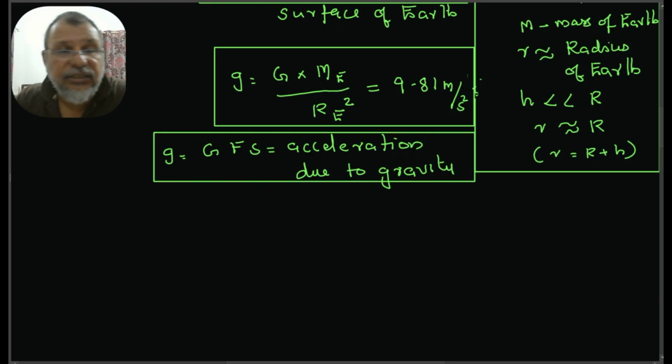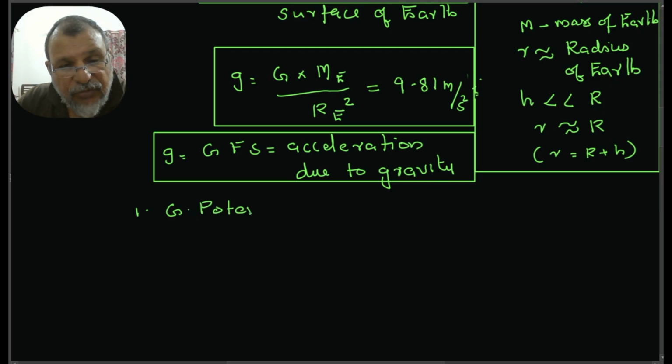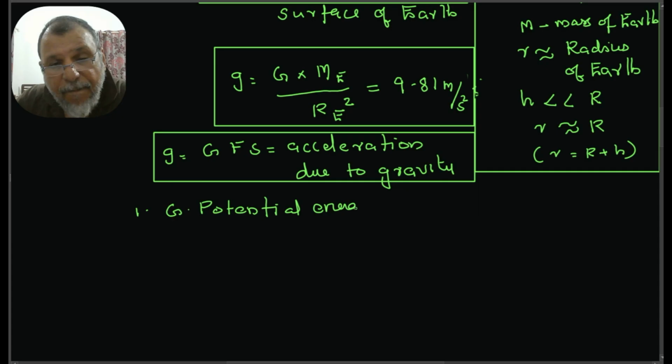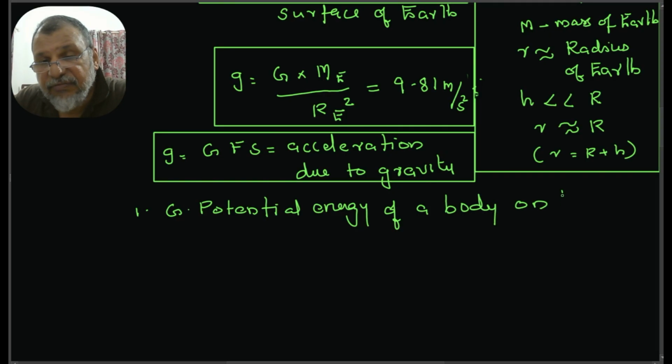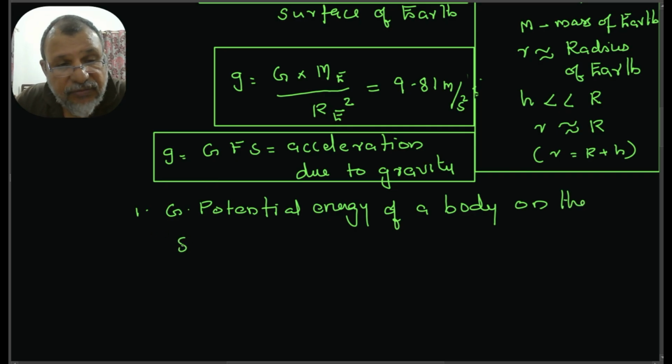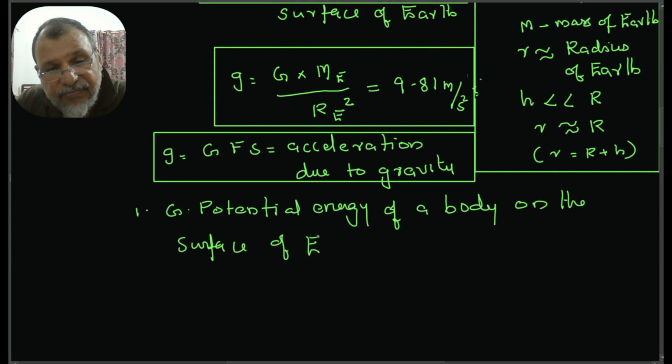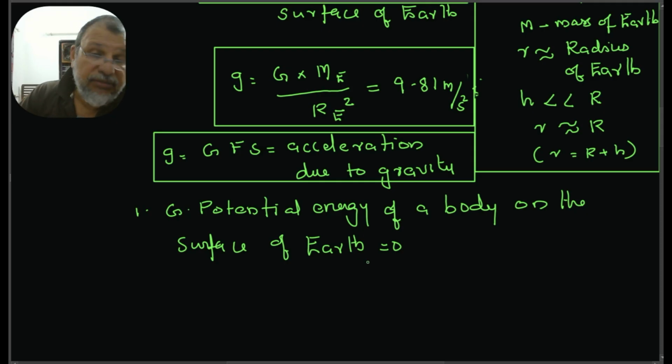The first assumption we make is a very important one: we assume that the gravitational potential energy of a body on the surface of Earth is equal to zero.